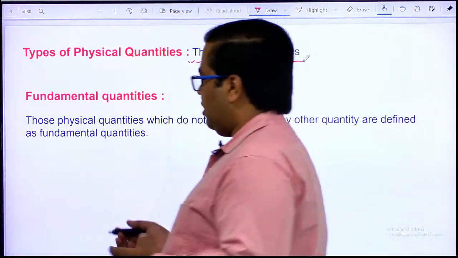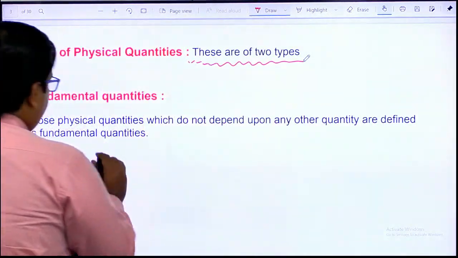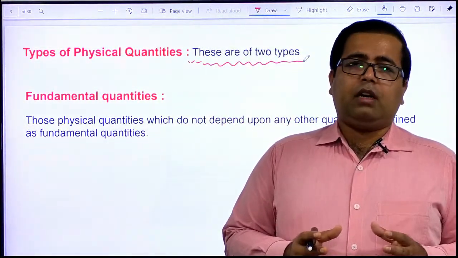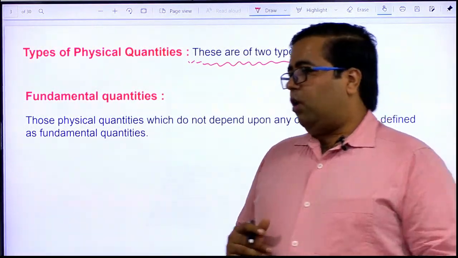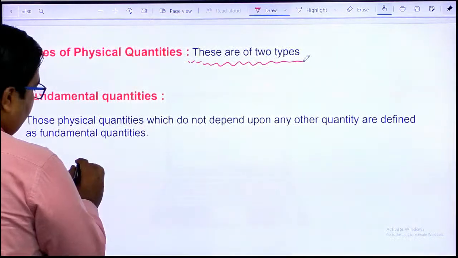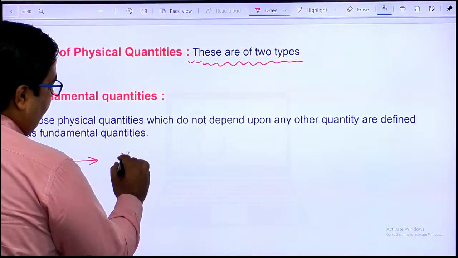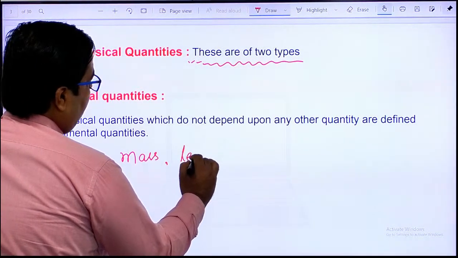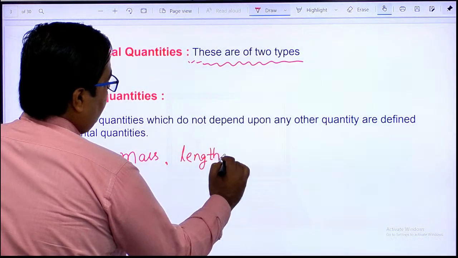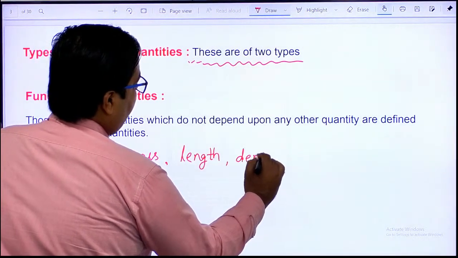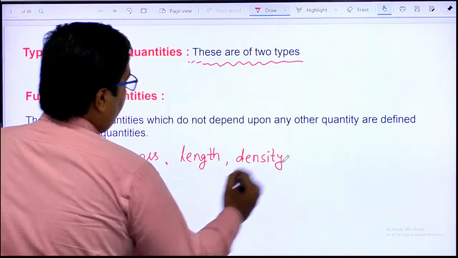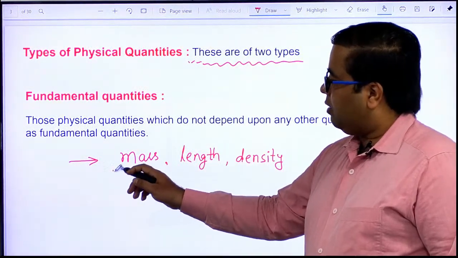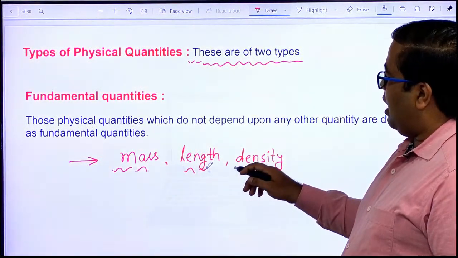For example, right now I am taking a set of fundamental quantities by my own choice: mass, length and density. I am taking these three as fundamental quantities.